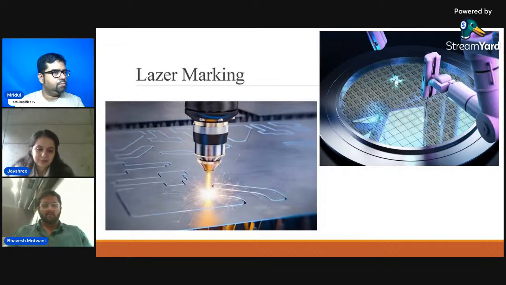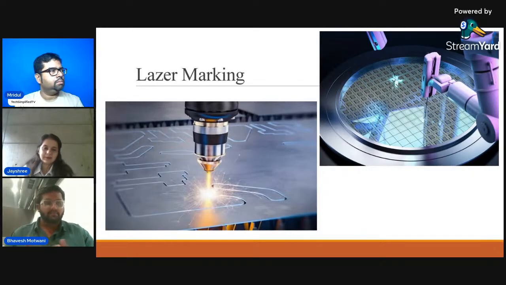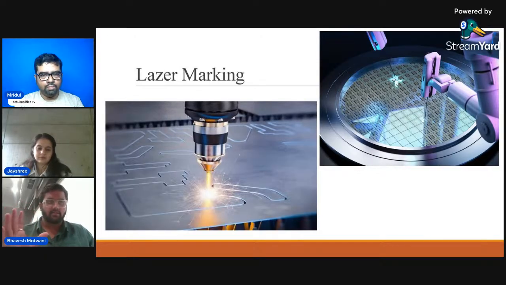Okay. Thank you. So laser marking, basically, we understand why laser marking is to print or do some sort of print on the device, because the package is a plastic or a polymer material, so we need to make some sort of print. Now what are we going to print on it?